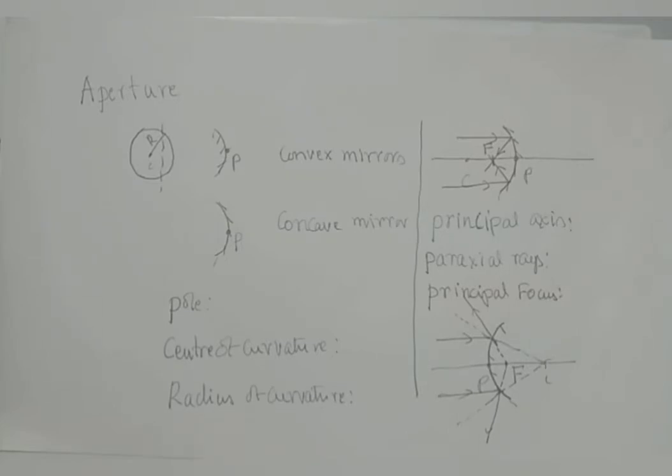Pole is the geometrical center of the aperture. Center of curvature is the center of the sphere of which the curved mirror forms a part. Radius of curvature is the radius of the sphere of which the curved surface forms a part. Then principal axis, a line passing through the center of curvature and the pole. Then paraxial rays: all the light rays which are very close to the principal axis and making very small angle with the principal axis are called paraxial rays.